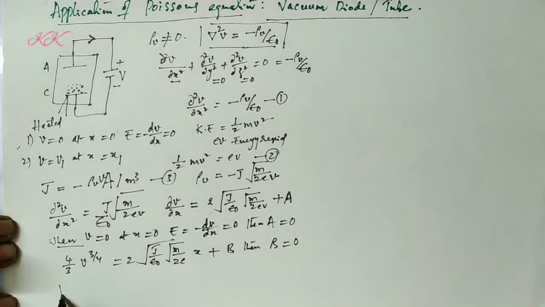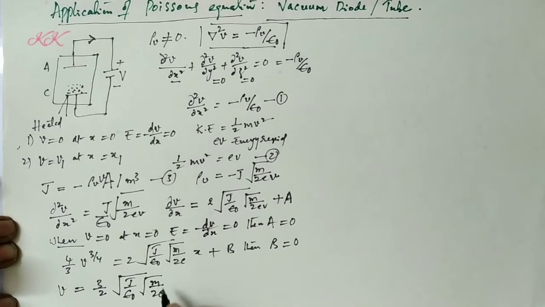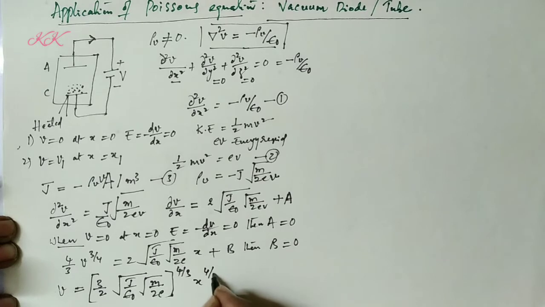If we simplify this, then V equals 3 by 2 square root of J by epsilon naught, times square root of m by 2e, whole to the power of 4 by 3, x to the power of 4 by 3. Let this be equation number 4.